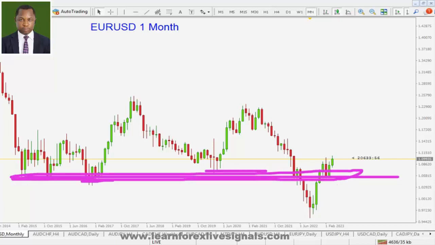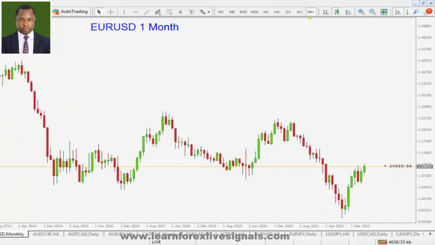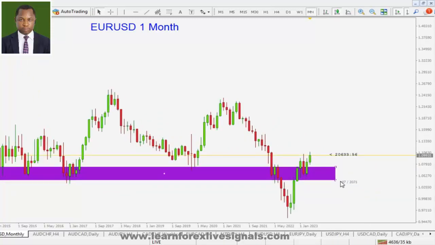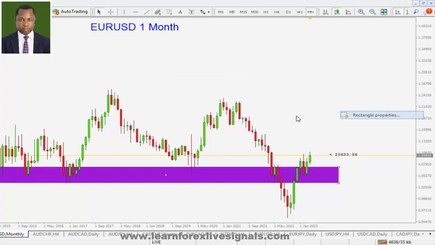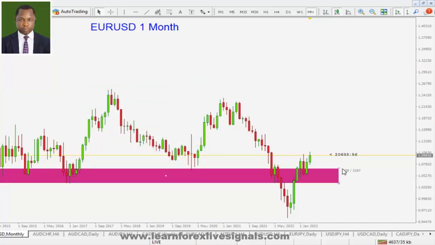That area now seems to be violated, so I'm going to keep a shape around that area within the monthly time frame. You can see that price is already ticking just above that area, but we are not convinced because of the nature of the breakout.